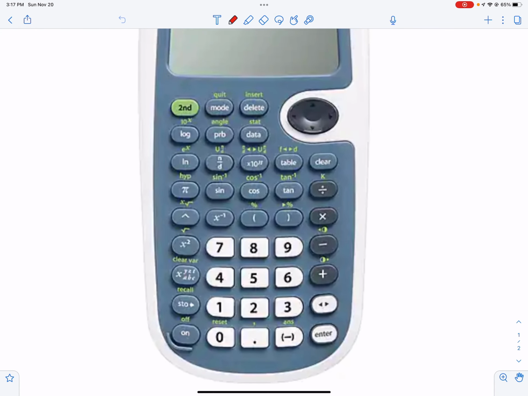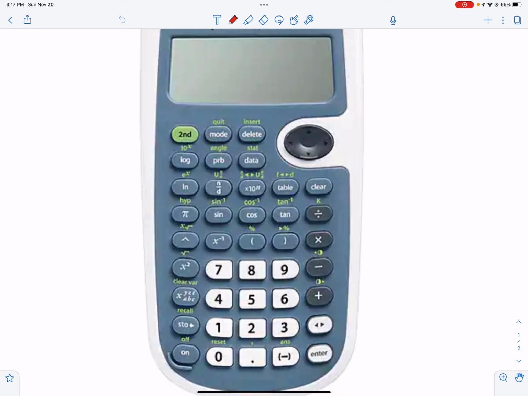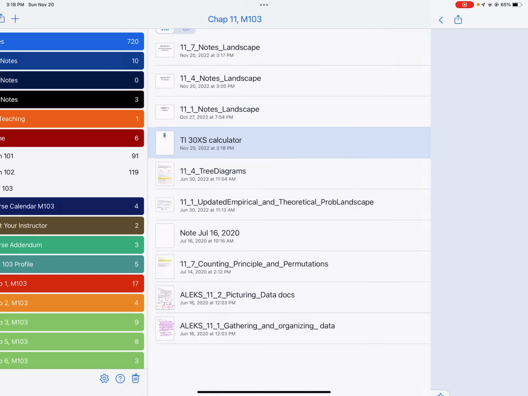30XS calculator, the factorial is going to be under this key right here, the PRB key. And once you hit the PRB key, that stands for probability, then you will see that exclamation show up, okay?